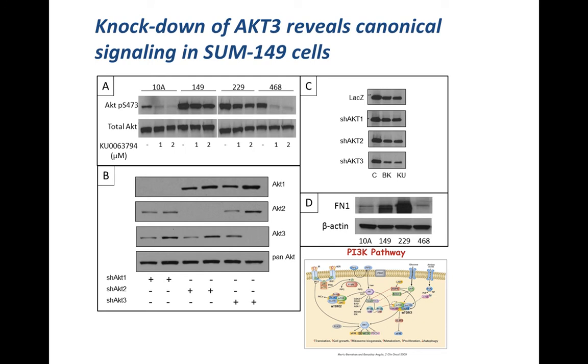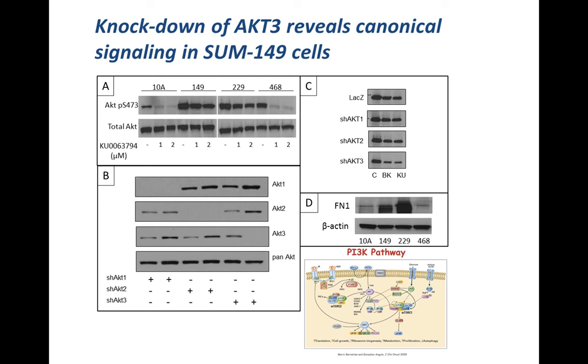And then we can go back and do the experiment with the KU drug. Here's what we find. Now we can get the KU drug to work. By getting rid of AKT3, the KU drug now works. And so does the BK drug. So does the drug that works here. Right? So here's the control. Give the BK drug or the KU drug, nothing much happens. If we knock out AKT1, no effect of the drugs.